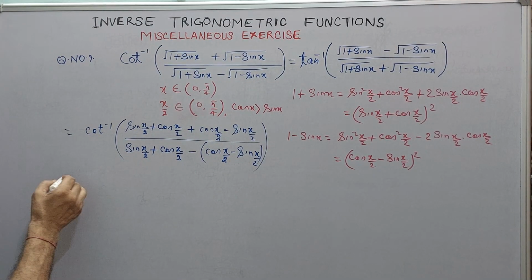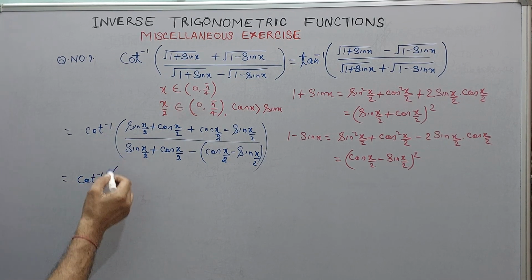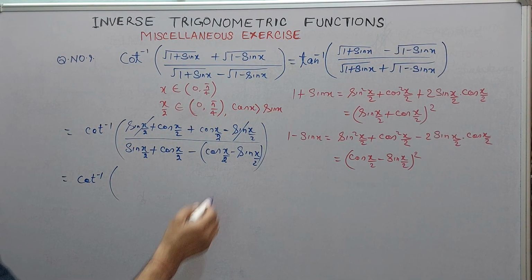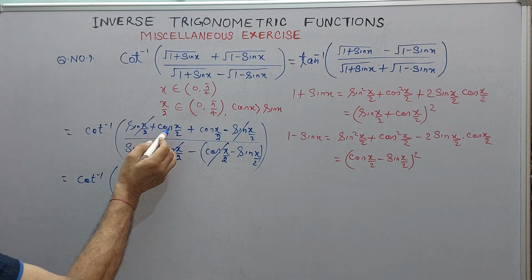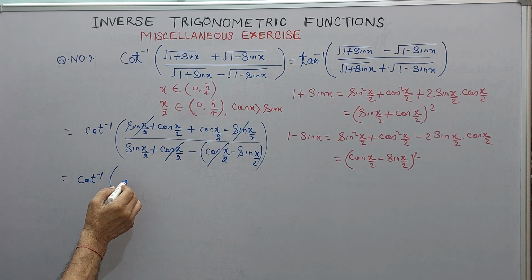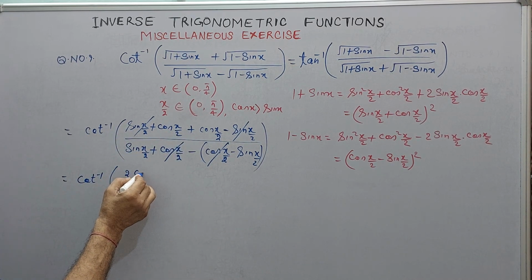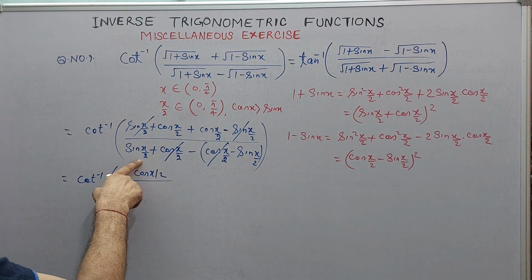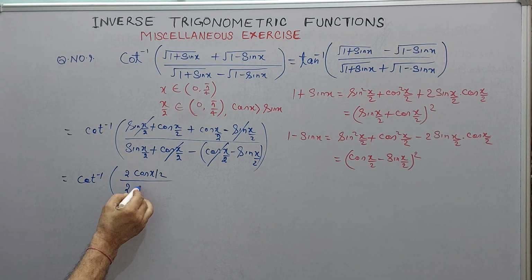Now simplify this expression. Cot inverse: sin x by 2 plus sin x by 2 cancelled out, minus cos x by 2 if you open the bracket. Now finally it becomes 2 cos x by 2 divided by 2 sin x by 2, minus minus plus.